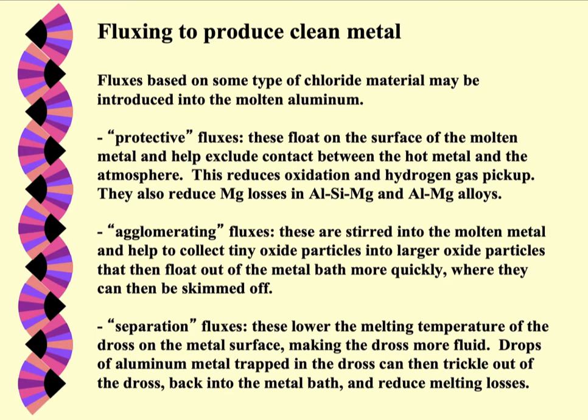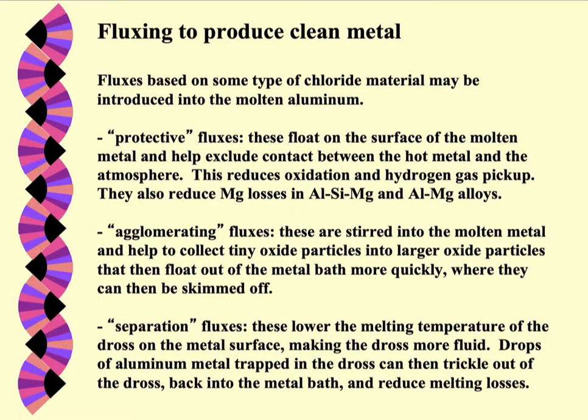Also, after you melt, you skim off the dross from the surface, and there's a whole bunch of metal trapped in that dross usually. So you can put it in something exothermic that creates some heat, and it heats the dross up again, and some of the metal will ooze out the bottom of it. They have a little separating tray for doing that.